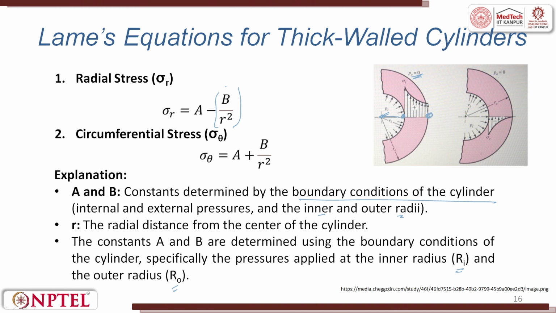So, this is radial, the circumferential stress sigma theta is nothing but A plus B by r square. So, please note down the difference and please note down the radial stresses. So, through this you can try to find out what are the radial stresses and circumferential stresses for a thick cylinder.